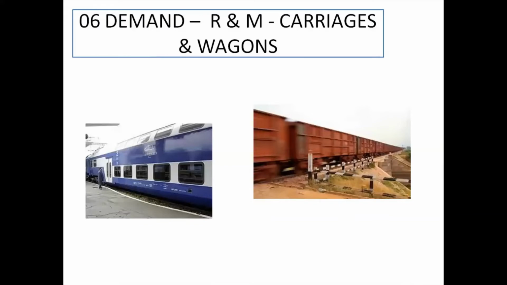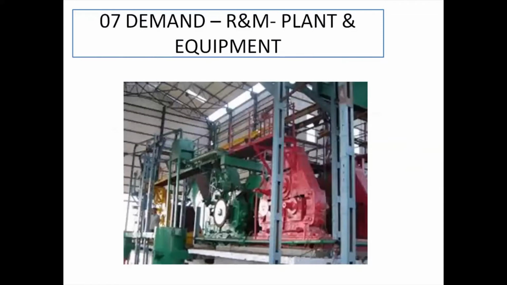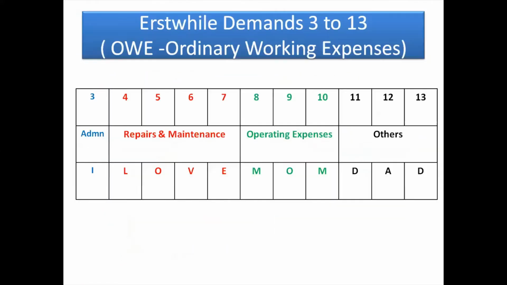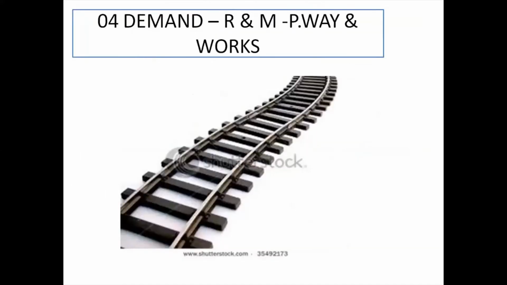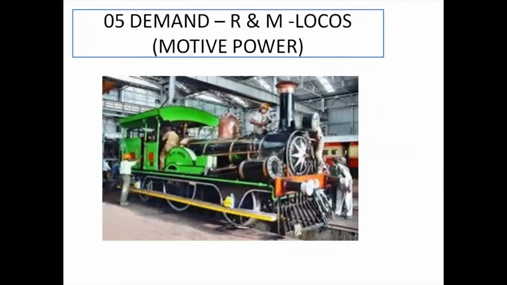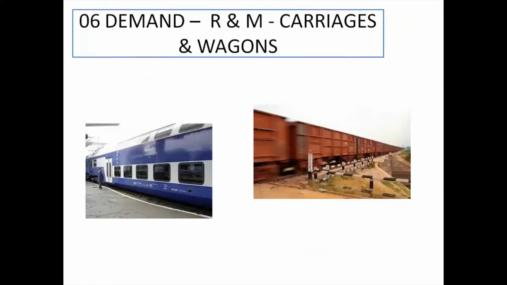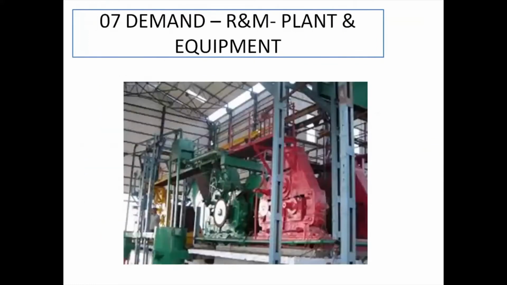Coaches and wagons, demand number 6. And plant and equipment, demand number 7. So this 5, 6, 7 is the common category, that is the repairs and maintenance of track, repairs and maintenance of locos, repairs and maintenance of coaches and wagons, and repairs and maintenance of plant and machinery. This is P-way and works, motive power, carriages and wagons, plant and equipment.